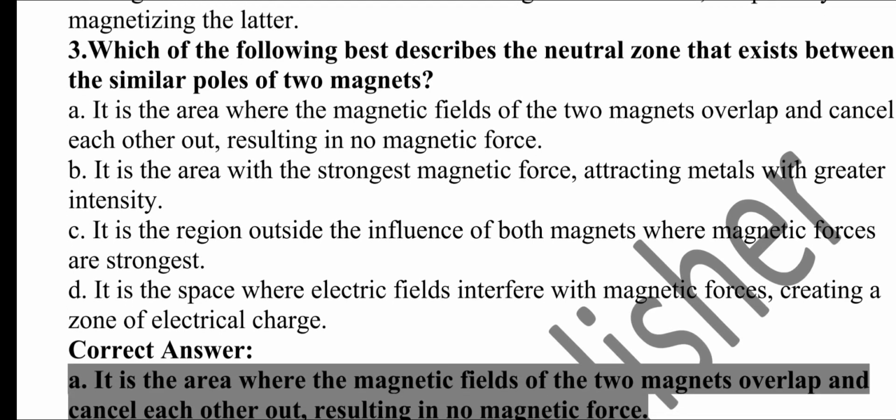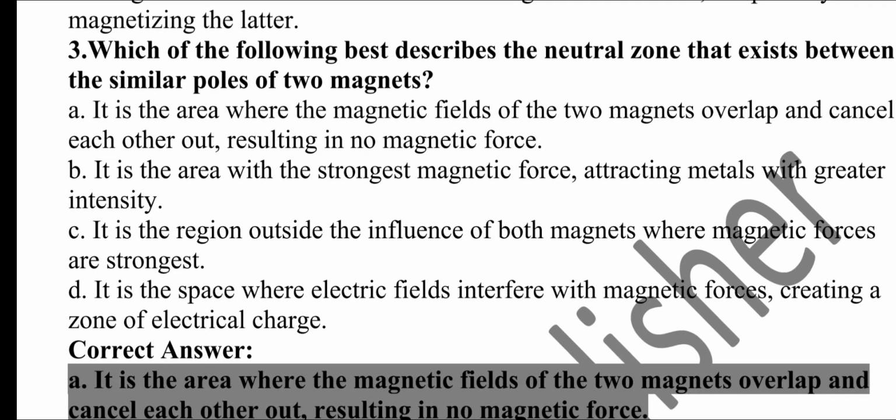Question number 3. Which of the following best describes the neutral zone that exists between the similar poles of two magnets? Option A. It is the area where the magnetic fields of the two magnets overlap and cancel each other out, resulting in no magnetic force.